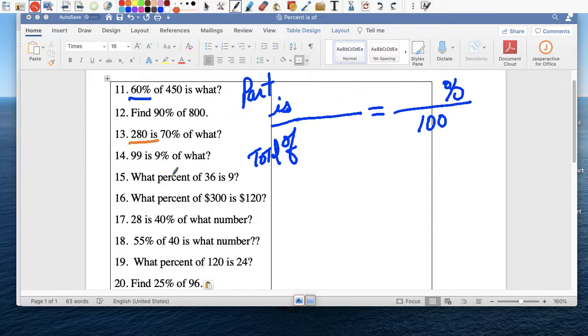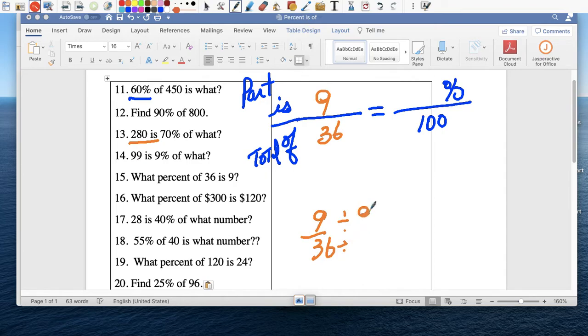No, 15. Sorry, 15. What percent, so percent es vacío, of 36 is 9. So this, we're going to go this way. 36 to 100, we're going to need to simplify. What can I divide by?